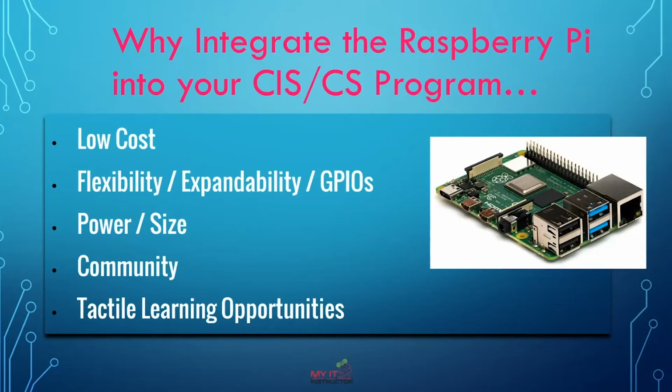Another thing that's really cool about the Raspberry Pi is the community. There is a humongous community around the Raspberry Pi. You can search in any search engine, Raspberry Pi and artificial intelligence, and you will find hundreds of articles about running artificial intelligence on a Raspberry Pi, or Raspberry Pi and networking, or Raspberry Pi and virtualization.